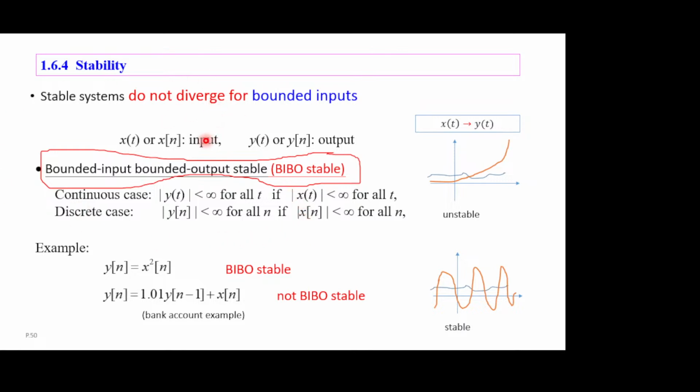If it's stable, then you need to prove that whatever bounded input you put in, you will get a bounded output. So we need to write some kind of proof. And if you want to say it's unstable, then you need to find a counterexample. So you need to feed your system some bounded input and get an unbounded output.